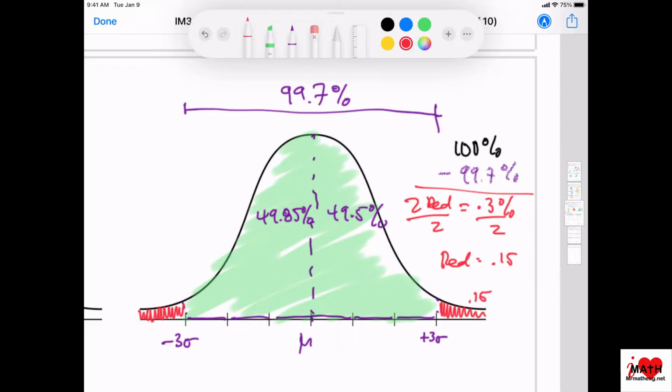So if you add up all these areas together, let me get a different color. I'll give you yellow. 0.15 plus 49.85 plus, that one should say 49.85. That's what I didn't want.